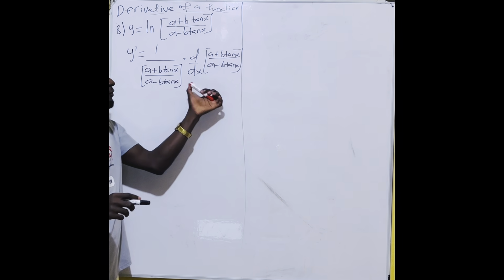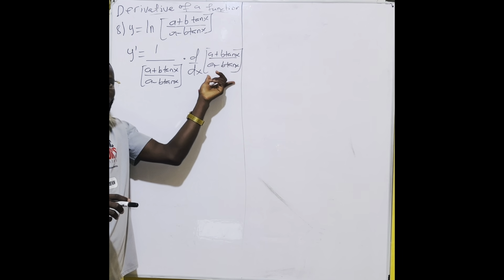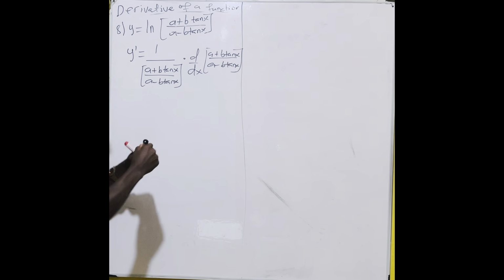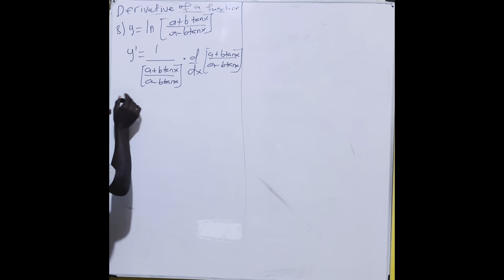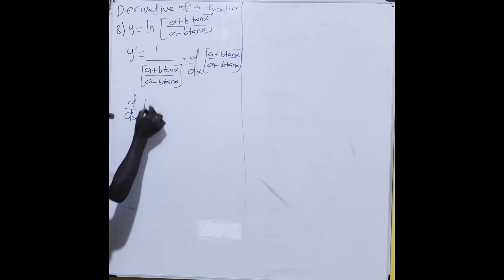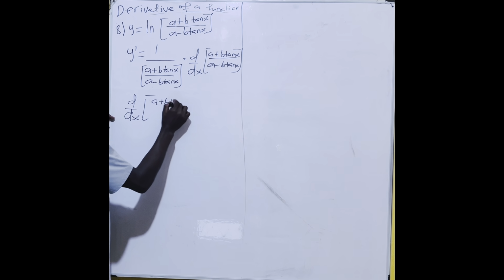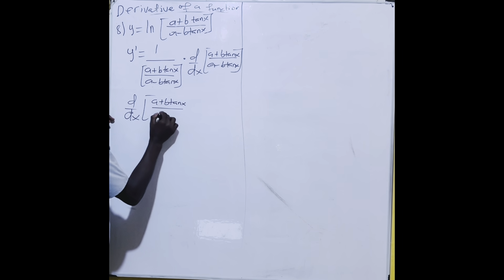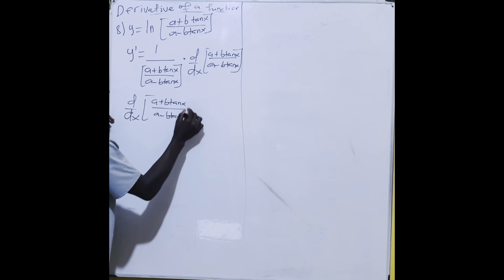Now, for us to differentiate this, we know we are going to apply the quotient rule. So let's handle this. That is going to be the derivative of (a plus b tan x) divided by (a minus b tan x).